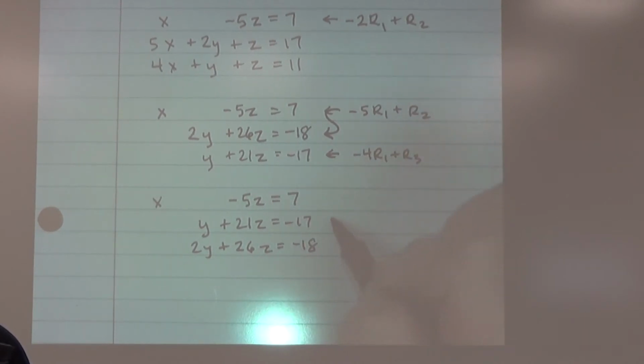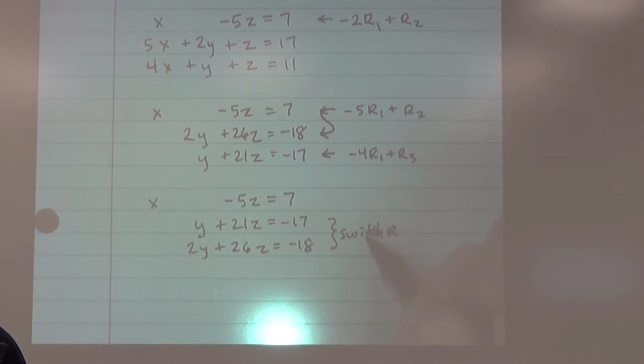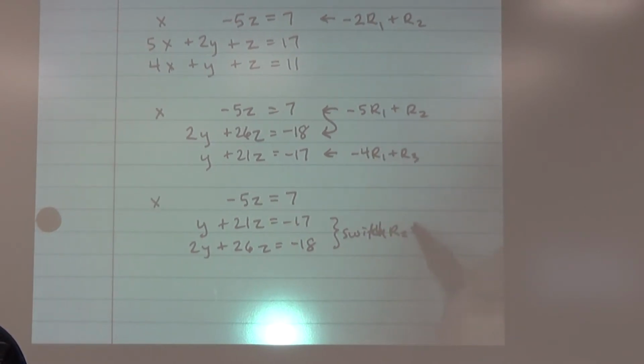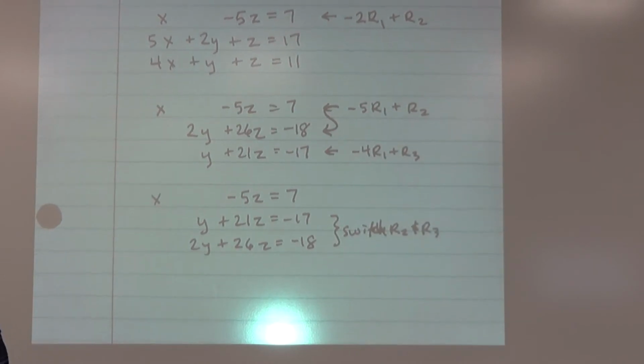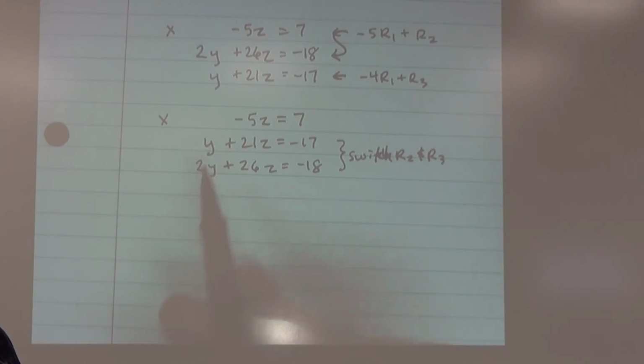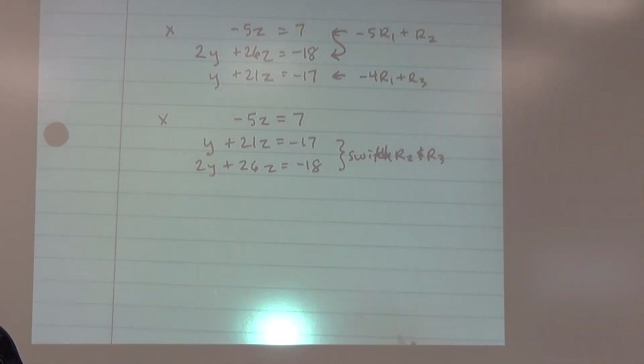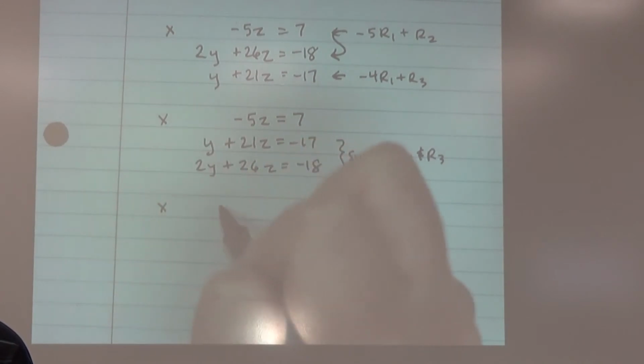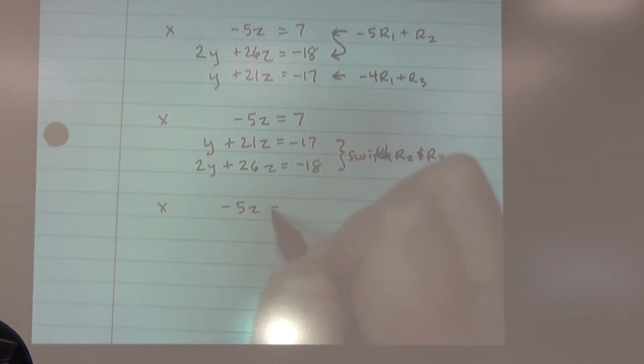And what did we do? We switched. I'll throw a c in there. Switched row 2 and row 3. And now we would like to eliminate the 2y that's below the y. So we'll keep the first equation, starts with x, we like it.